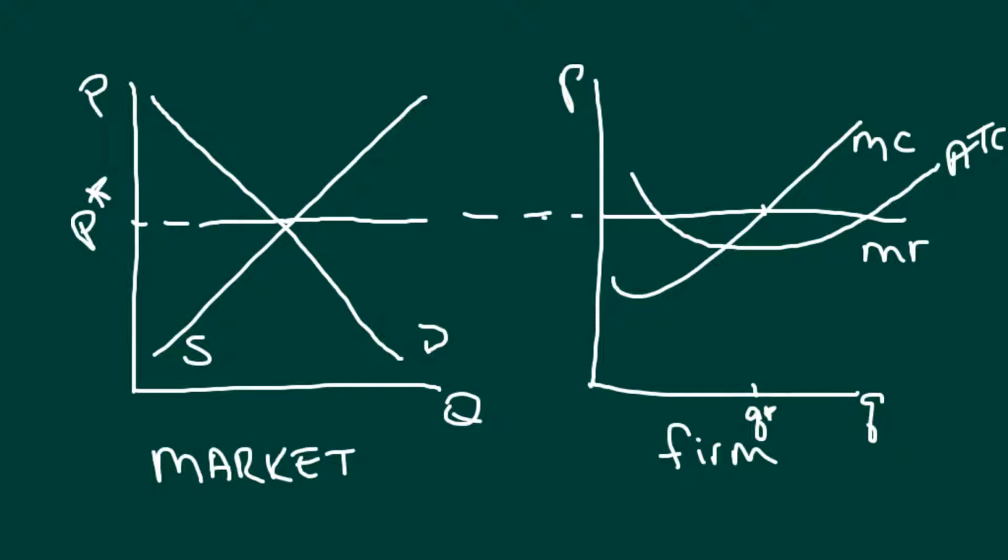So as the number of firms increases, so does the market supply. And that's what we're going to see happen here: people who are not currently in the industry will want to join the industry, and you will get this increase in supply.